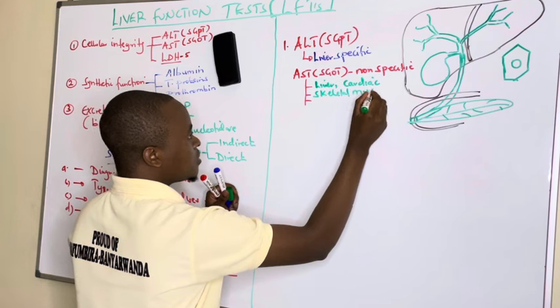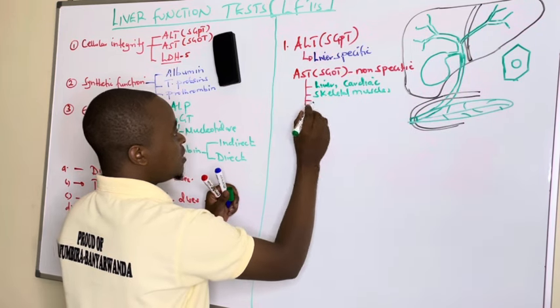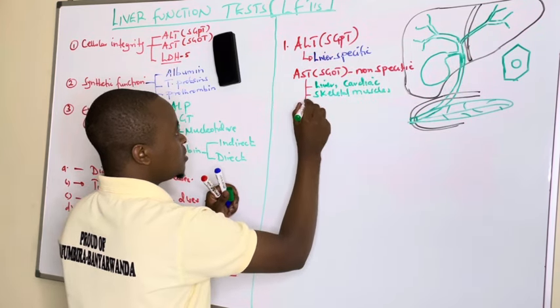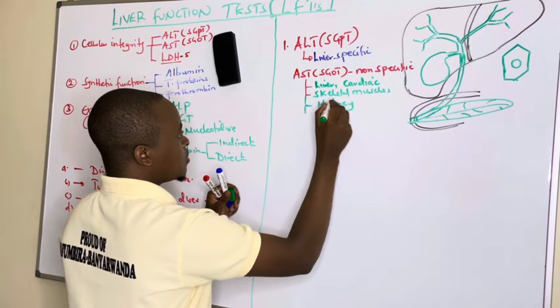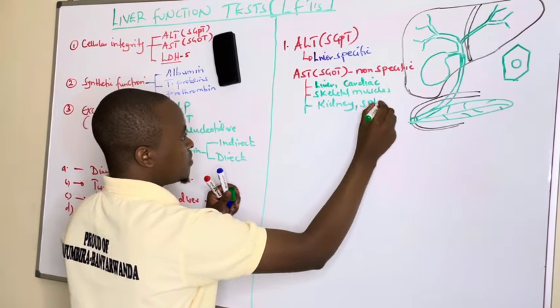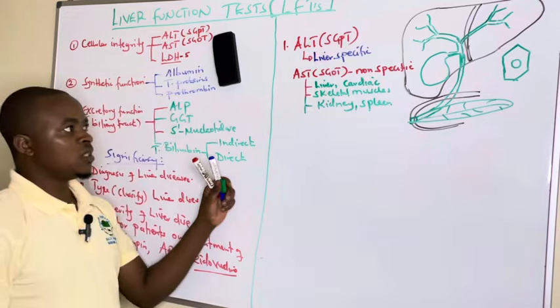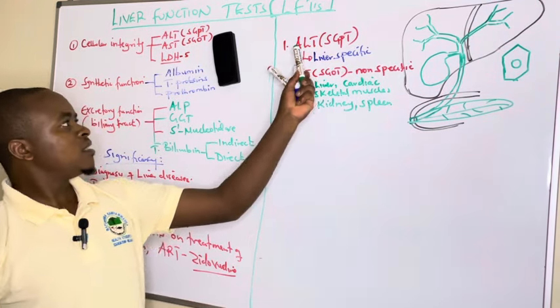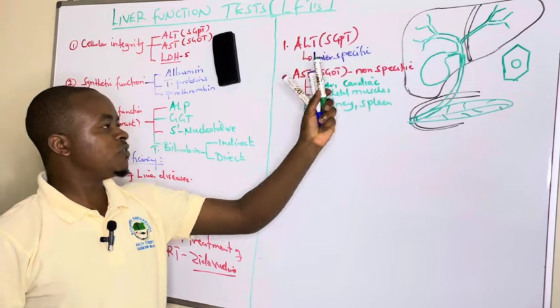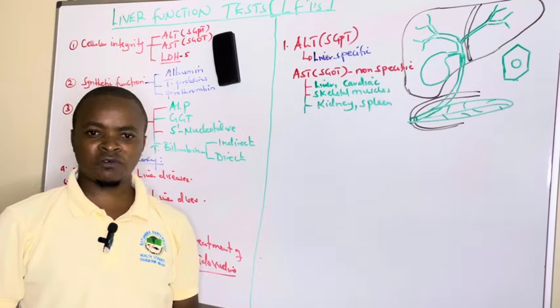We can also find it being produced in the kidney and spleen, and sometimes the pancreas. So that makes it non-liver specific, whereas ALT is specific. Why? It is majorly produced from the liver.